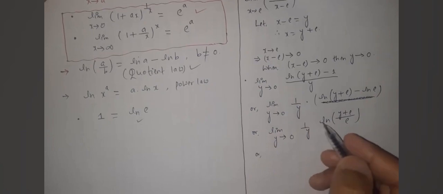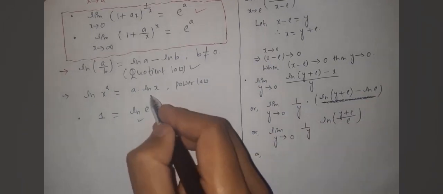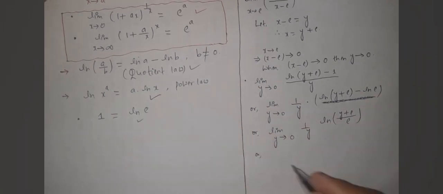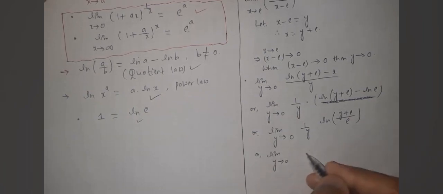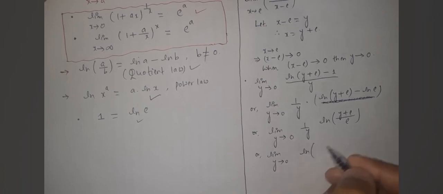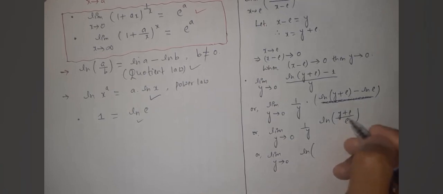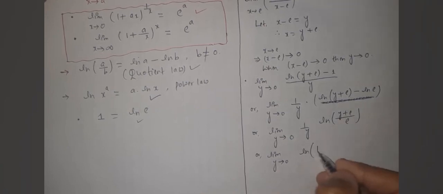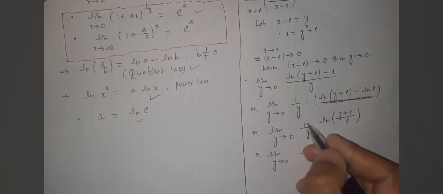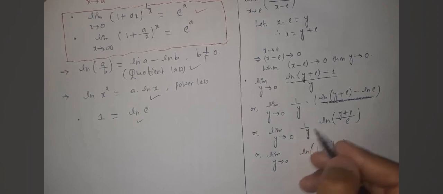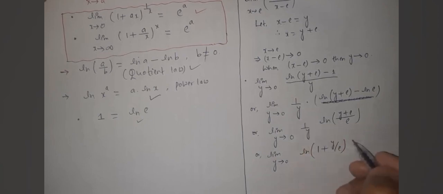Here is a form like the power law, so we can use the power law of logarithm. As y approaches 0, ln of, and in this fraction we can distribute this e, so 1 plus y over e, and the front number 1 over y goes to the power.